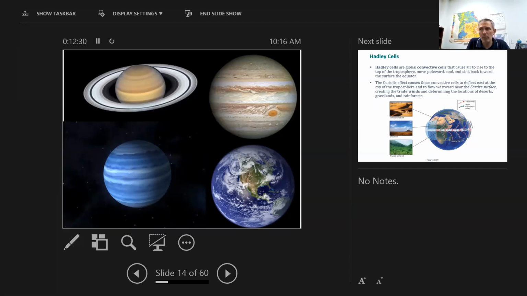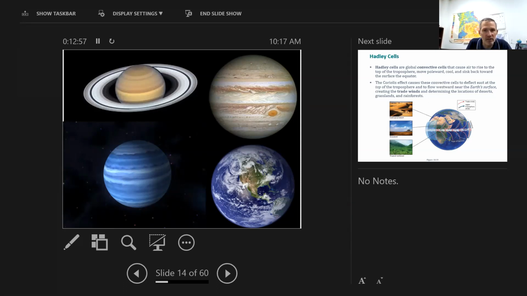Now, Earth in the bottom image does have gases that are rising up around the equator. But we also have to deal with the fact that the Earth is made up of land and water, and this air and water difference is causing some uneven heating of the Earth. Land heats up a lot faster, and land gets a lot colder.